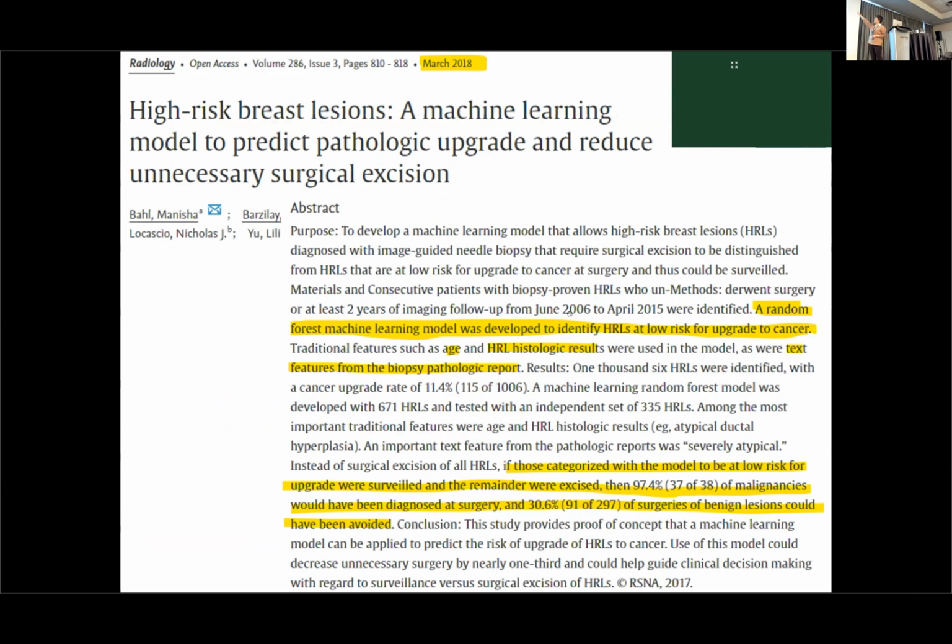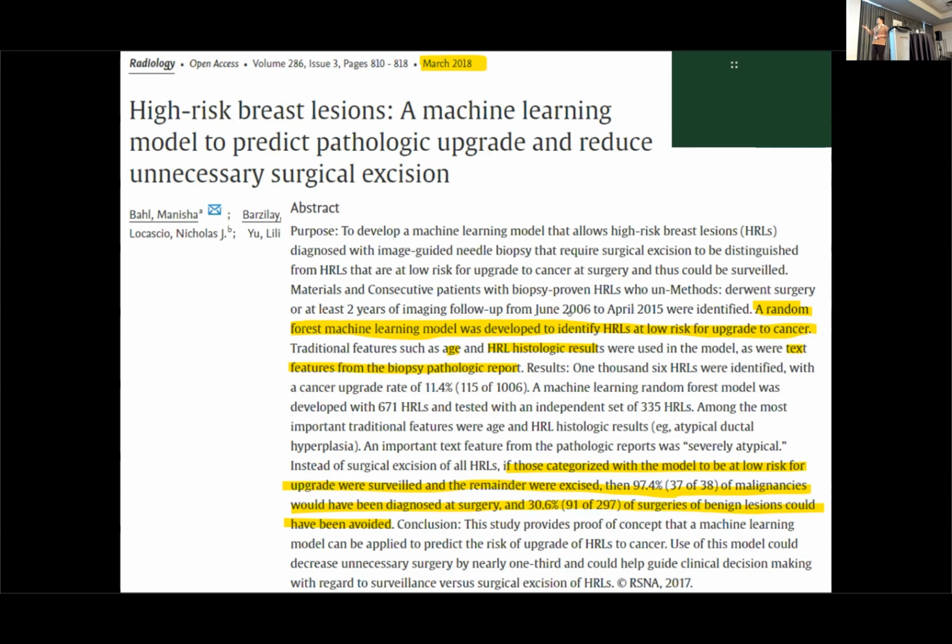I put it here in the radiology component because it's published in a radiology journal, but actually when I read it, it's not necessarily radiology, because they're using features such as age and HRL, high risk breast lesion histology results in the model, as well as text features from the biopsy pathology reports.